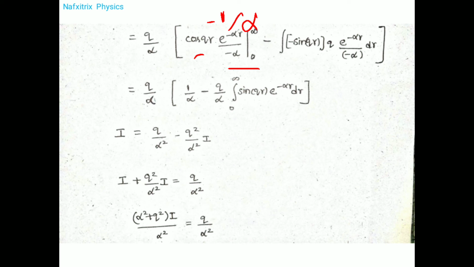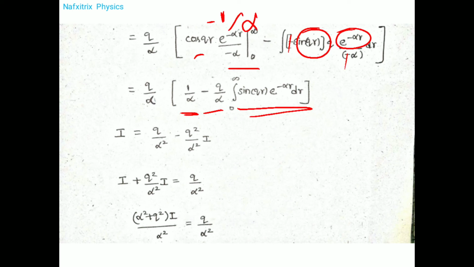That is upper limit minus lower limit, so minus into minus is plus, so 1 by alpha. And here this minus would go off, and q by alpha is a constant, it has to be taken out. And as we are doing integration with respect to r, what would remain inside is sin qr e power minus alpha r. So this is the remaining term.